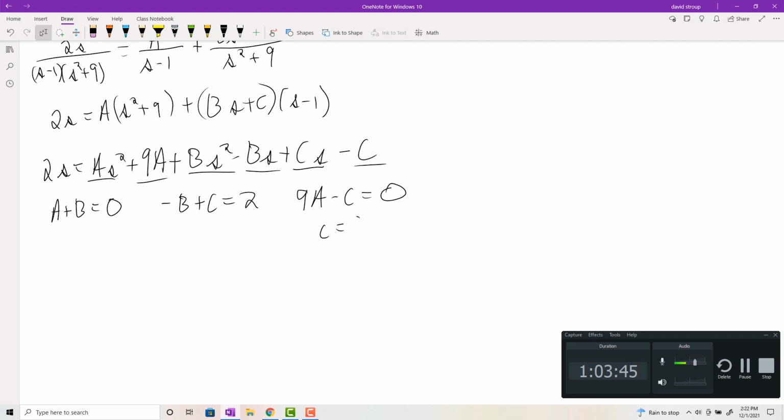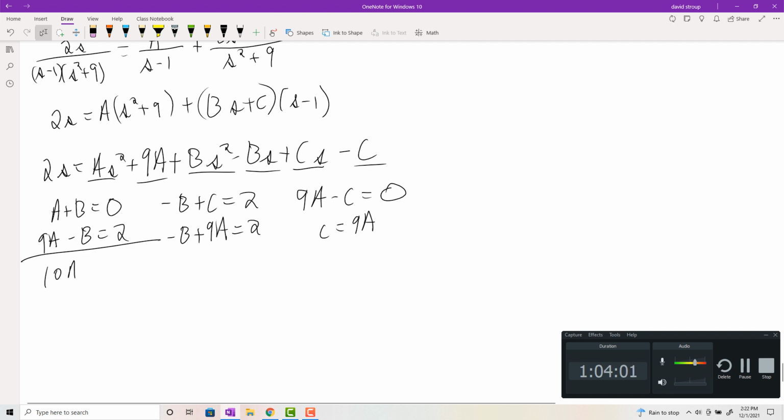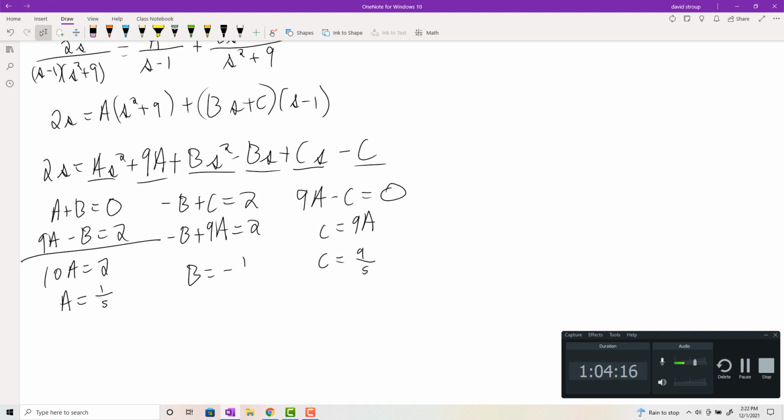So c is equal to 9a, and then this will be negative b plus 9a equals 2. And then take this equation and add it to the first equation, right? So you'd have 9a minus b equals 2. So you get 10a equals 2, so a would be 2/10, which is the same as 1/5. So c is going to equal 9/5, and then of course b is just negative a, so it would be negative 1/5.